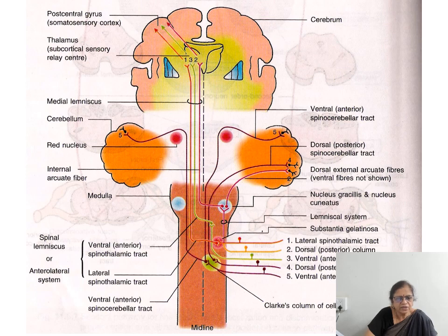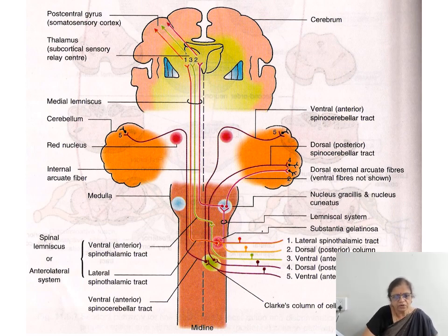You can see on the left side the lateral spinothalamic tract and anterior or ventral spinothalamic tract starting from the spinal cord, ending on the thalamus and finally at the sensory cortex located in the parietal lobe, called the primary sensory cortex, which is located in the postcentral gyrus of the parietal lobe. Brodmann areas 3, 1, 2 we call that.